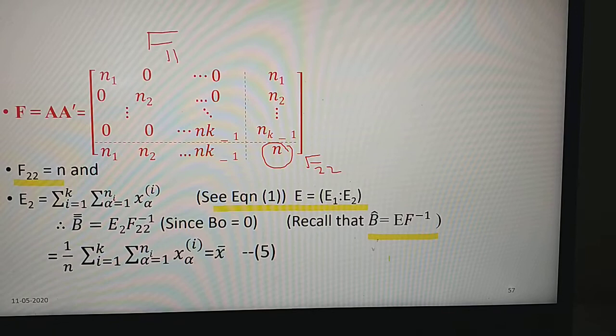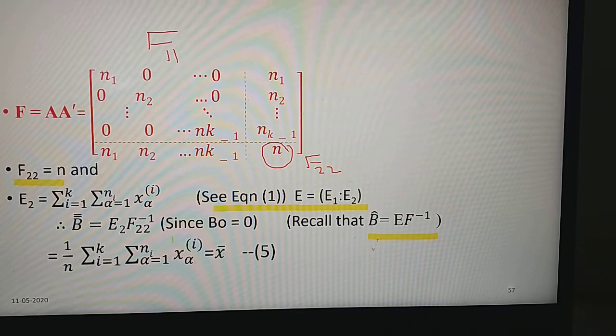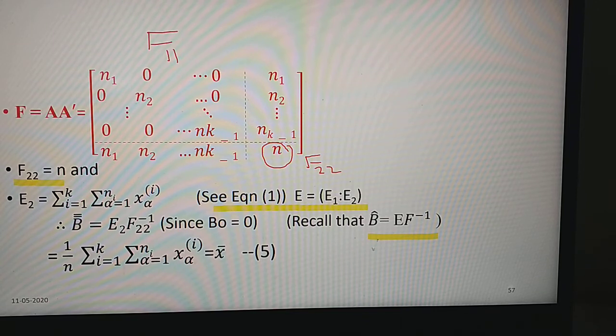You have to look back there. So E2 F22 inverse, when you simplify, is 1 by n, summation i goes from 1 to k, summation alpha goes from 1 to ni, x alpha i, and this is nothing but x bar. So this is equation number 5.